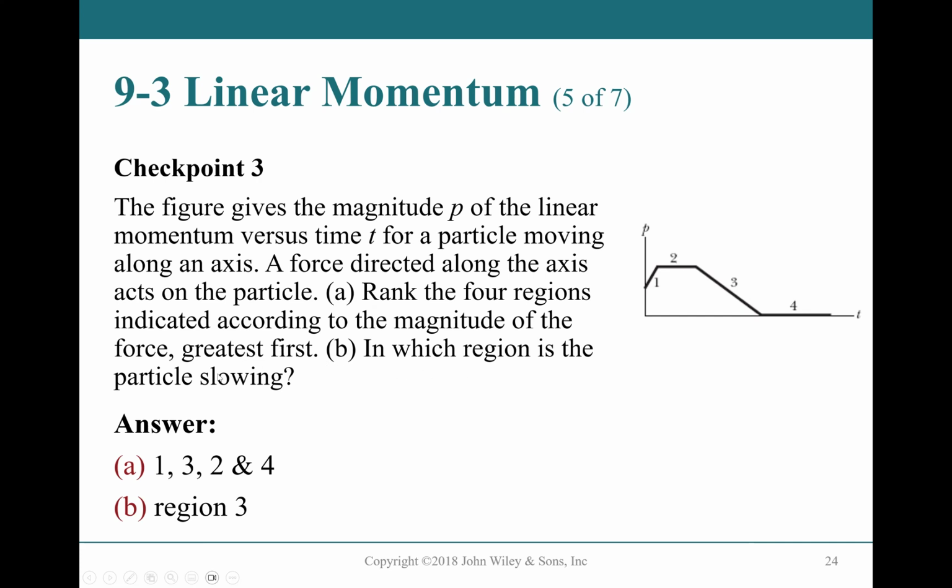And in which region is the particle slowing? So what does this mean? Our F net will be equal to dp over dt, and you are going to rank the magnitude, so you are going to use an absolute value. So we calculate dp over dt.